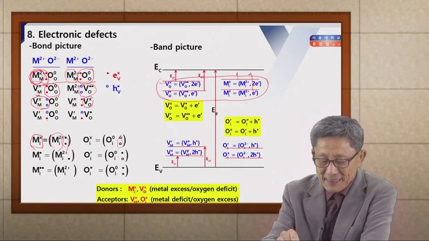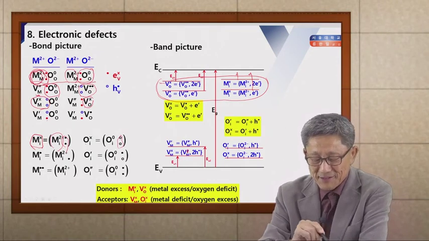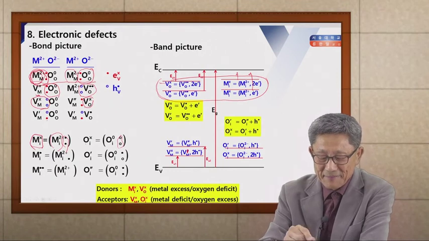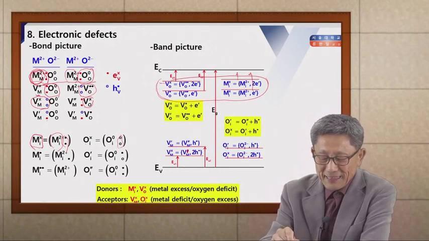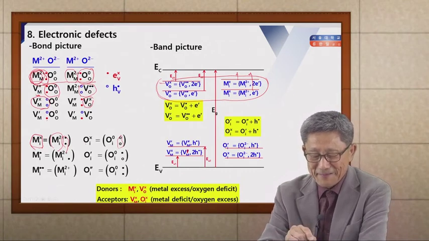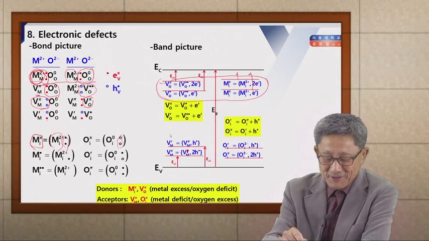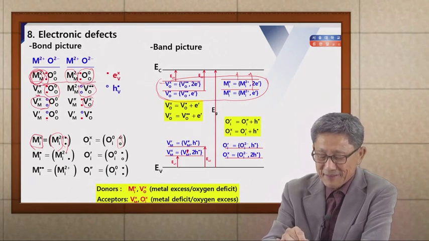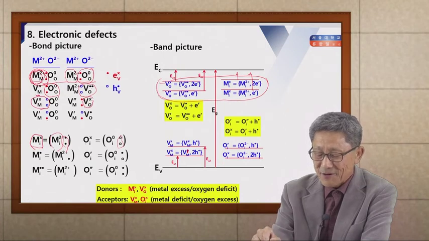This must be 1 prime. Sorry for this typography error. And then by taking the second electron, it becomes doubly ionized metal vacancy. So metal vacancy works as the acceptors. What about oxygen interstitial? Yes, they are also working as the acceptors, electron acceptors from the valence band.